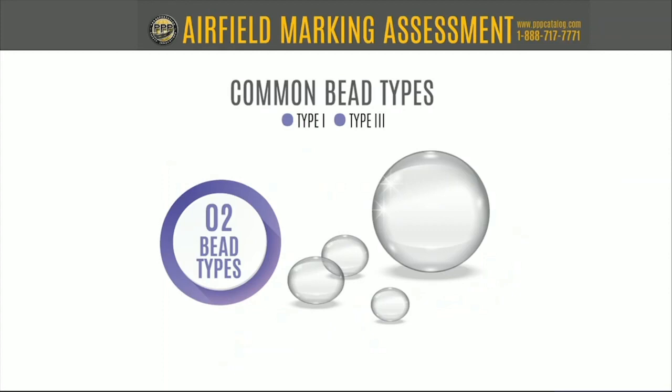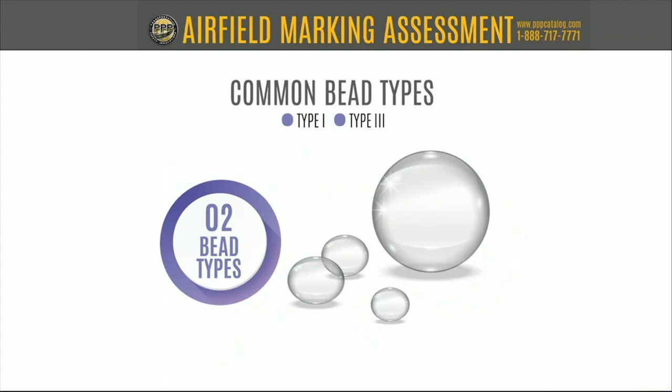Thanks, Greg. Yeah, really good information. On the airfields, we do not have a type 2 bead. We used to, but it's no longer approved for use on airfields. We have type 1, type 3, and type 4. But as the slide says, the most common bead types that I see used on the airfields are either 1s or 3s.